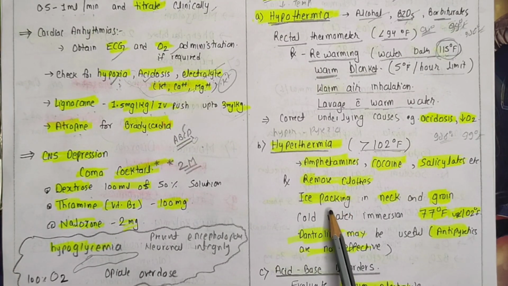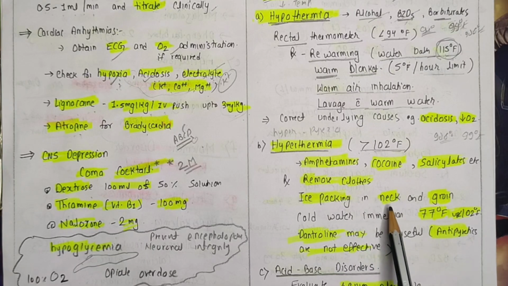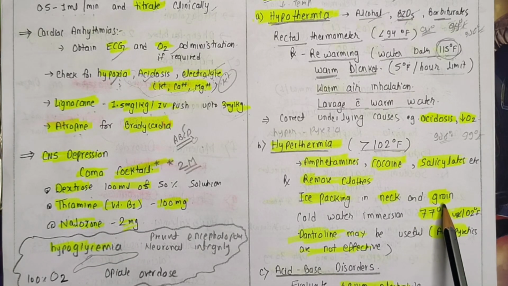If ice packs are available, we can use them in the neck region, in between the shoulder and neck, and in the groin region, that is the area between the abdominal cavity and the lower limb joints. There also we can keep ice packs so that the body temperature will rapidly come down. Then we can go with cold immersion.